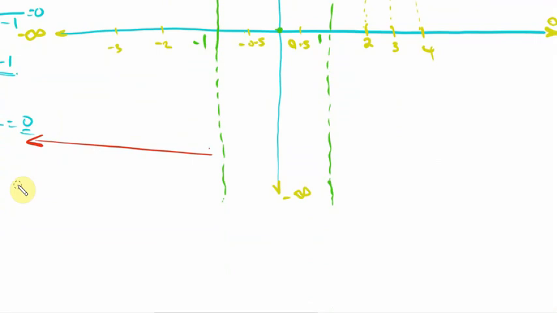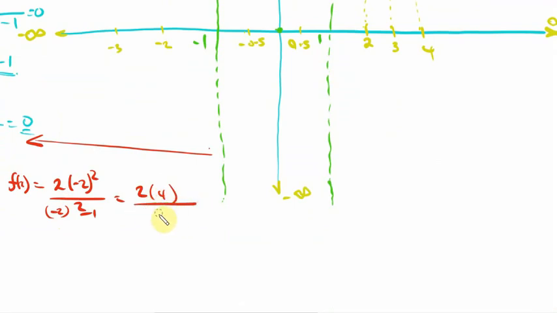So what is f of x where x is -2? 2 by 4, 4 minus 1, over 3. 2.67.